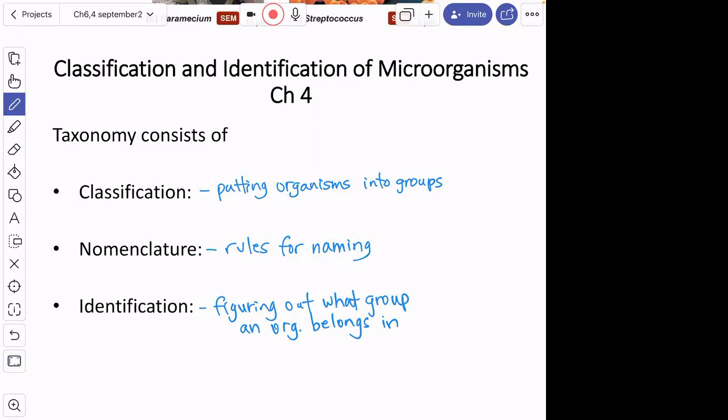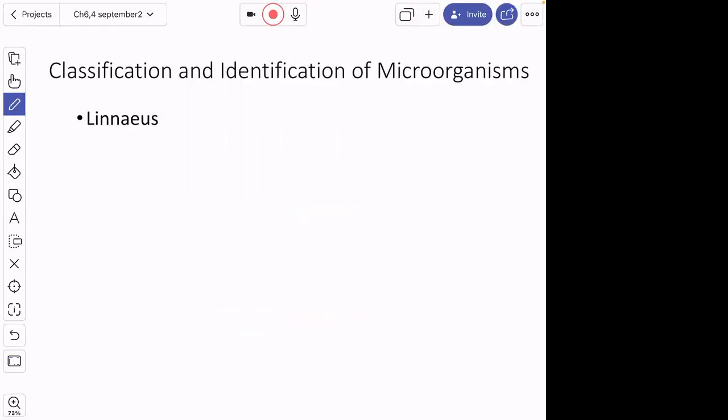Okay, so the guy we mentioned last time, a little history lesson, Carlos Linnaeus, he's kind of the father of taxonomy. He classified organisms based on shared characteristics, the kind of things that he could easily identify at the time.